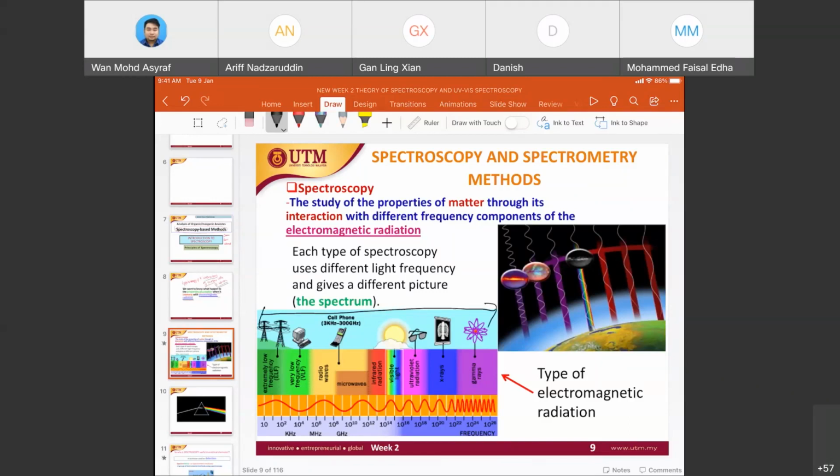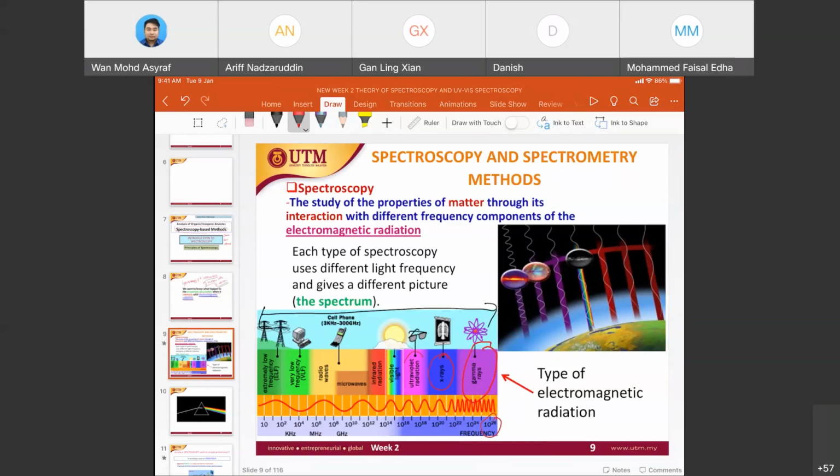So this spectrum, it shows that the electromagnetic radiation on its range. Okay, so for example, kalau gamma rays berada di hujung yang mana frequency is high. Okay, and then we move towards X-ray yang mana yang you selalu pergi X-ray kalau untuk medical check-up ke apa ke, X-ray, dia punya frequency lagi rendah daripada gamma ray.